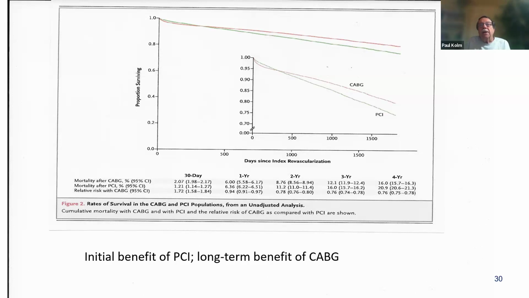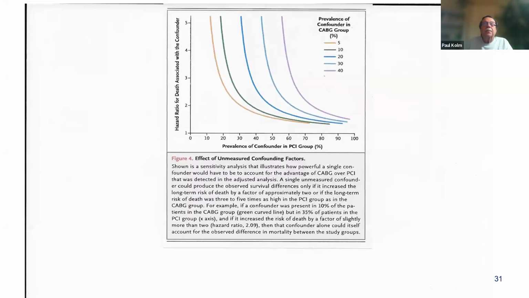But this was a study where we used the IPW to not match, but to more or less equalize the two groups with respect to baseline characteristics. Another thing that we did in this study, which I'm not sure I've seen in other studies that have used propensity scores, is that we looked at the potential effect of an unmeasured confounding factor.